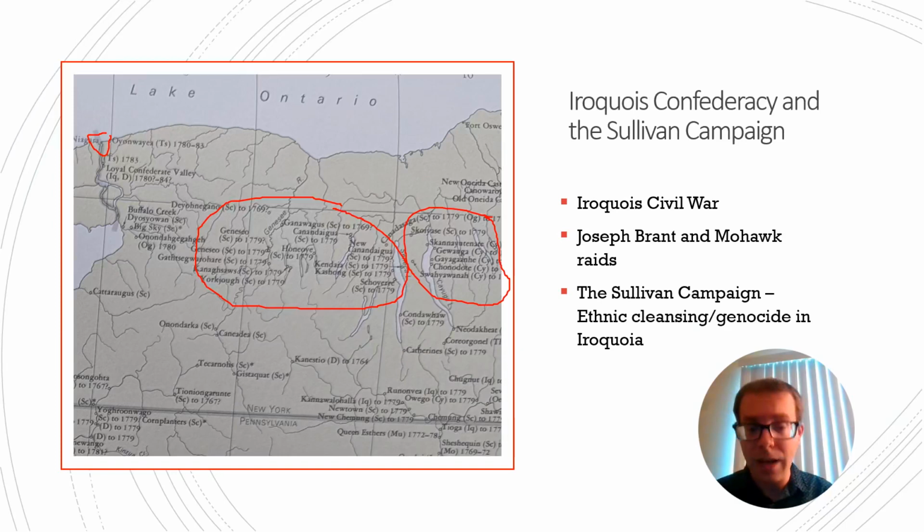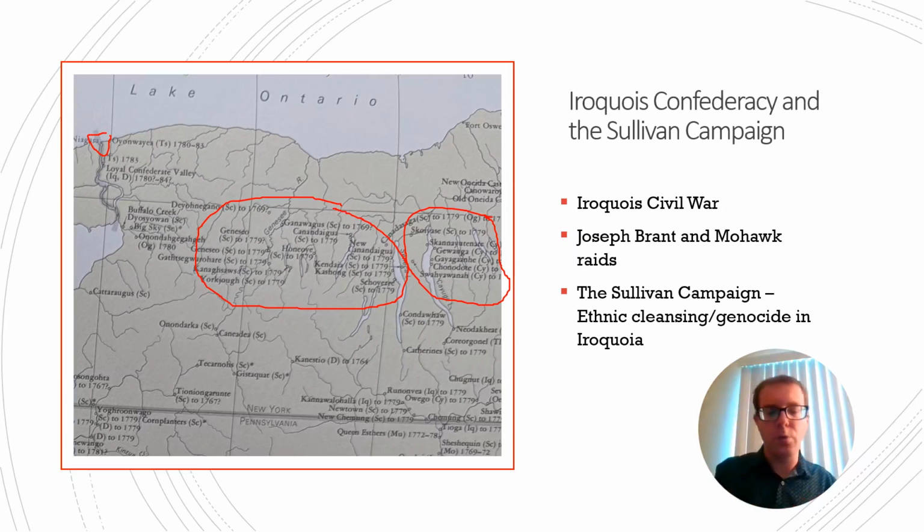So the Sullivan Campaign is a devastating campaign of ethnic cleansing and arguably genocide. And the shocking thing about this is the Iroquois Confederacy loses 30 to 50% of the population, and yet this campaign of ethnic cleansing is not even successful. And in 1780 and 1781, the Iroquois Confederacy is able to recover.